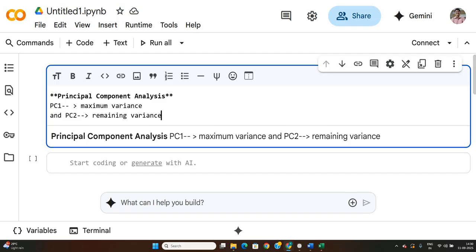So now, why is PCA useful? PCA is very widely used. Say, suppose I have data with 10 features. Now I want to reduce to two or three features, while it's not data elimination. I'm not eliminating any of the features.